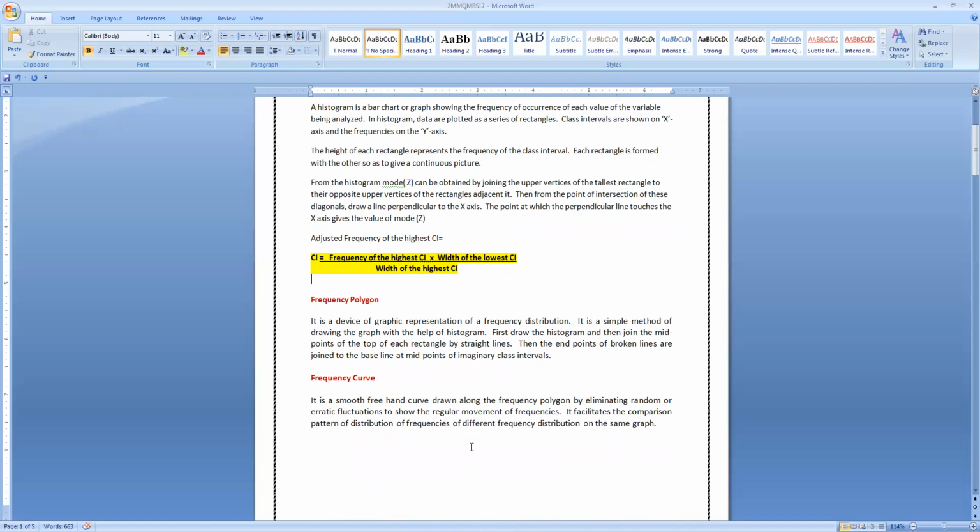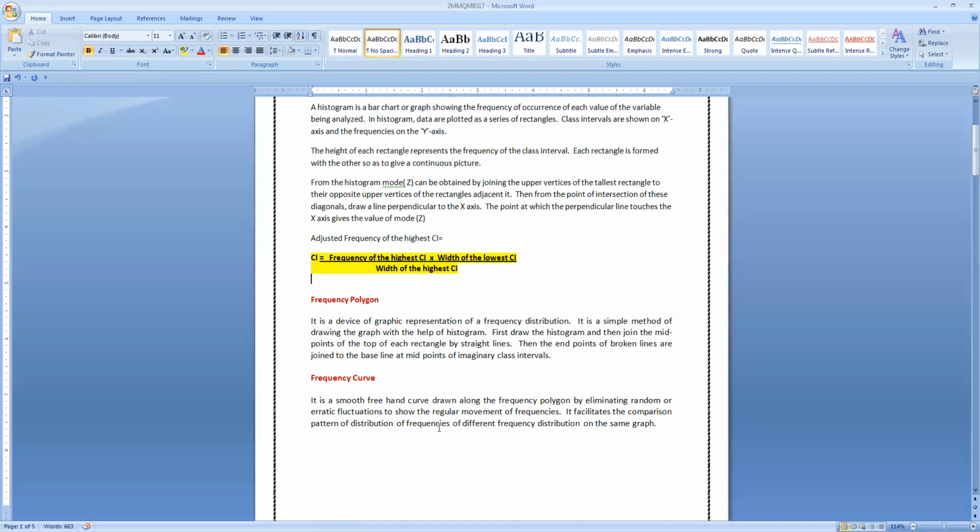Let us know what we mean by frequency polygon. The frequency polygon is a device of graphic representation of a frequency distribution, and it is one of the simple methods of drawing the graph with the help of a histogram. First, we should draw the histogram and then join the midpoints of the top of each rectangle by straight lines. Then the end points of the broken lines have to be joined to the baseline at the midpoints of imaginary class intervals.